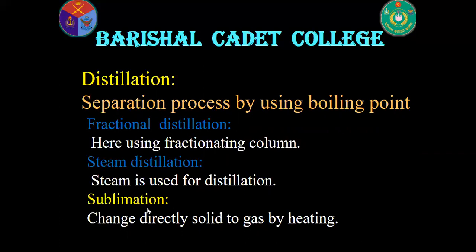There is another process, sublimation. The substance is directly changed from solid to gas by applying heat, and from gas to solid by cooling. This process is known as sublimation. Also, by using the sublimation process, we can separate different components. We will discuss them one by one.